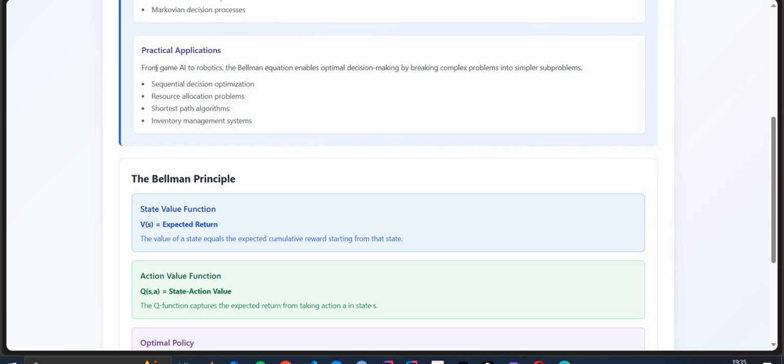In resource allocation problems, it helps decide how to distribute limited resources for the best long-term result. And if you think about shortest path algorithms like Dijkstra's or A-star, they are essentially applying Bellman's principle in a simplified form. And in inventory management, it helps decide when to restock or how much to keep on hand to balance cost and demand.